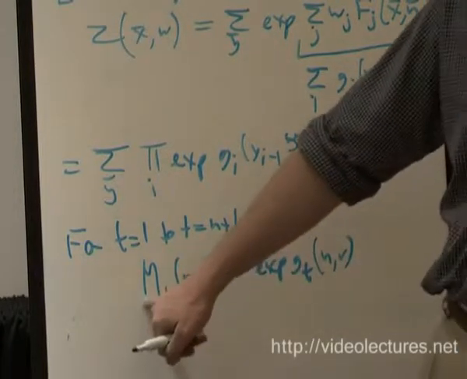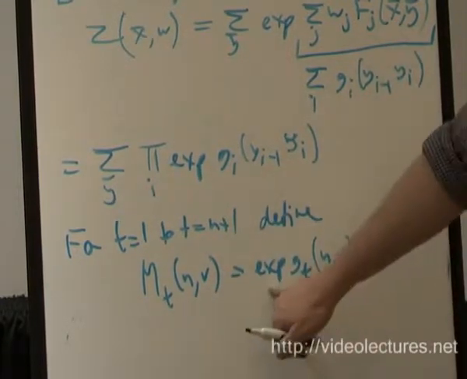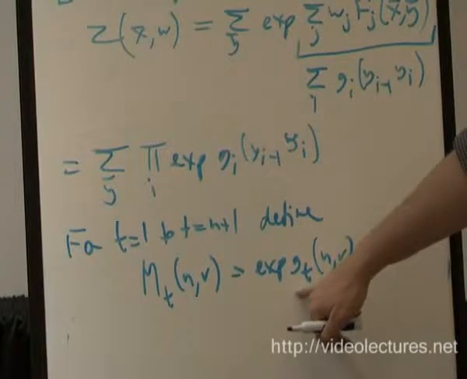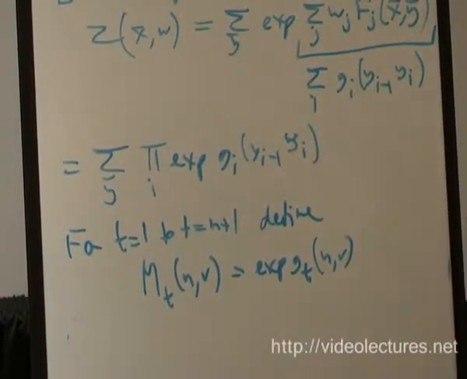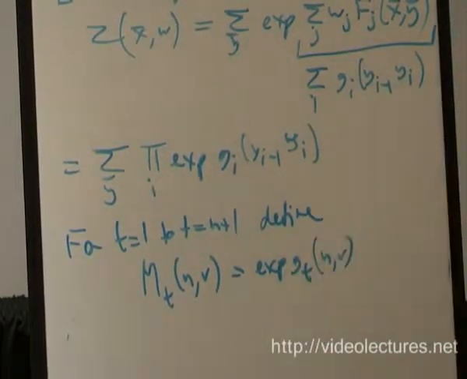So this capital M sub t is going to be the matrix that represents the exponential of the g function. So these are really the same matrices I had before. I'm just taking the exponential of each entry in the matrix. Okay.